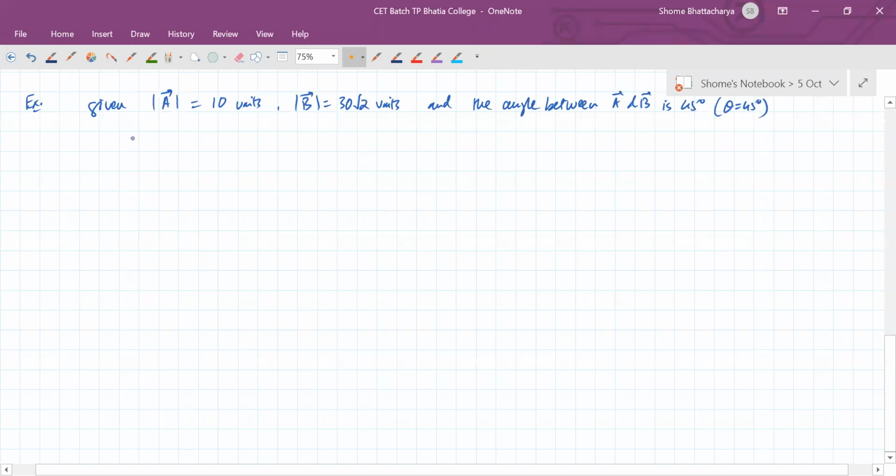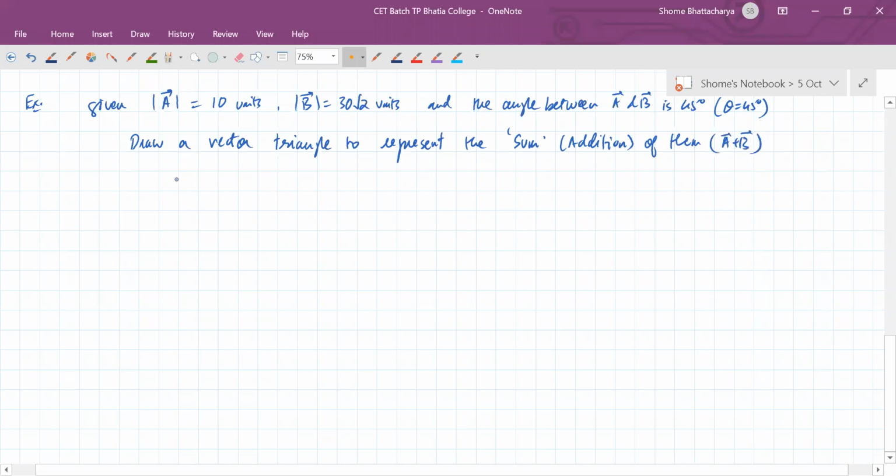Then draw a vector triangle to represent the sum or addition of them and find the magnitude of A plus B and the angle made by the resultant A plus B with respect to the vector A.